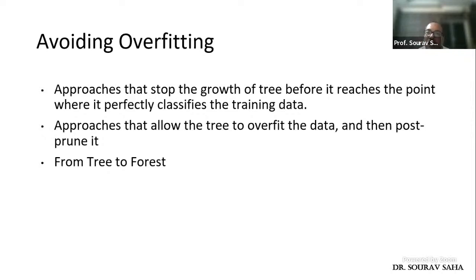So why am I saying the chances are that it will overfit? In some cases, the data is pretty sorted, in a pretty good format, right? So let's say you have 10 or 12 features in the data, and using only 2 or 3 features, you are able to get a completely homogeneous tree. In that case, probably those 2 or 3 features were the most important to create the tree, and probably it will not overfit.